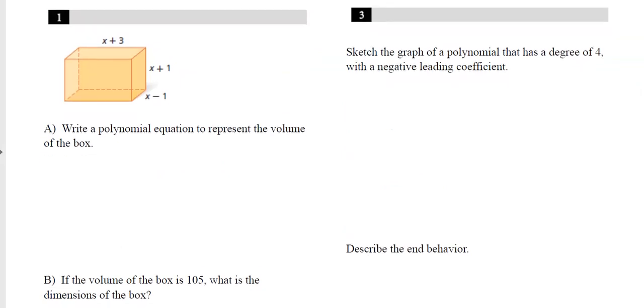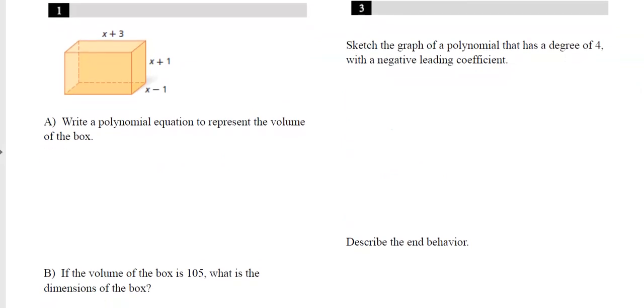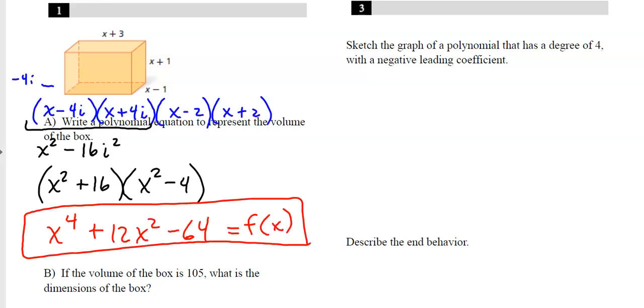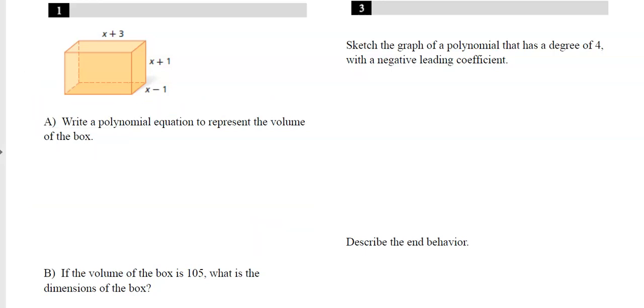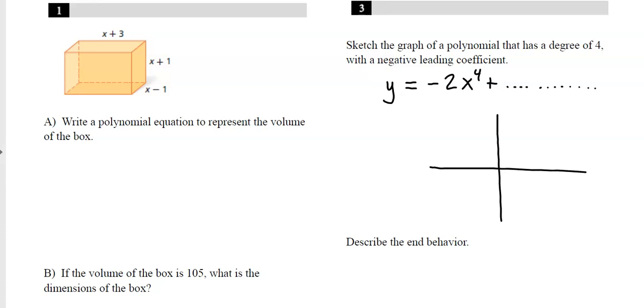Number 3, sketch the graph of a polynomial that has a degree of 4 and a negative leading coefficient. So what I'm thinking here is something like y equals negative 2x to the 4th plus, who cares, because none of this matters. So a quick little sketch of that: x to the 4th means the ends are going to go in the same direction, and the negative means it's going to come down. So it's going to go something like this.